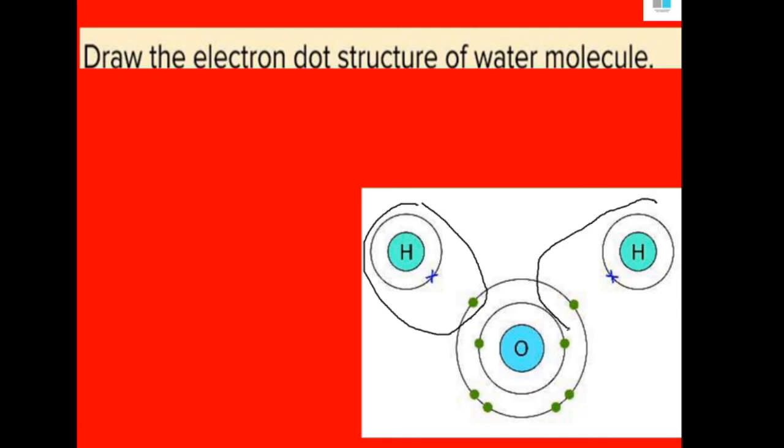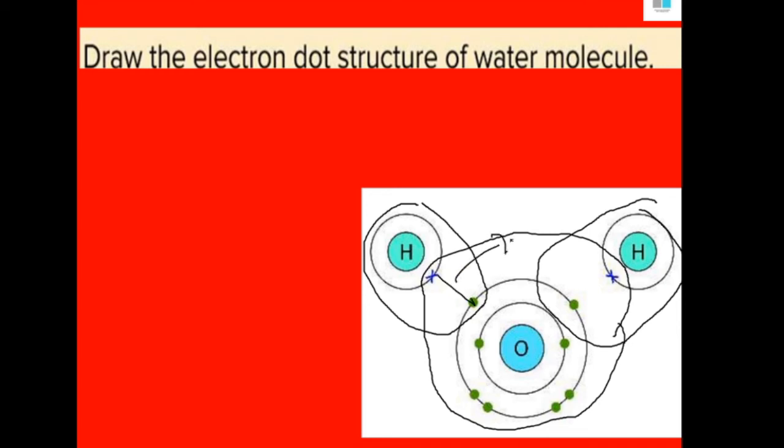Similarly, the other hydrogen also would take just 1 electron from the oxygen, and the oxygen would completely take the 2 electrons from the 2 hydrogens, and in between them you can see that 2 electrons are being shared. So you can draw a single dash like this, right? So this is the electron dot structure of the water molecule.